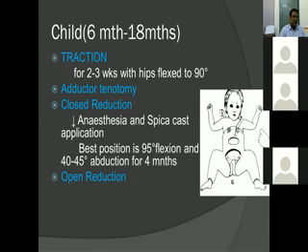This spica cast should be continued for 2 months, and after 2 months one has to check the reduction and apply it for another 2 months, with a total duration of 4 months. In case closed reduction is not possible, one has to go for an open reduction.